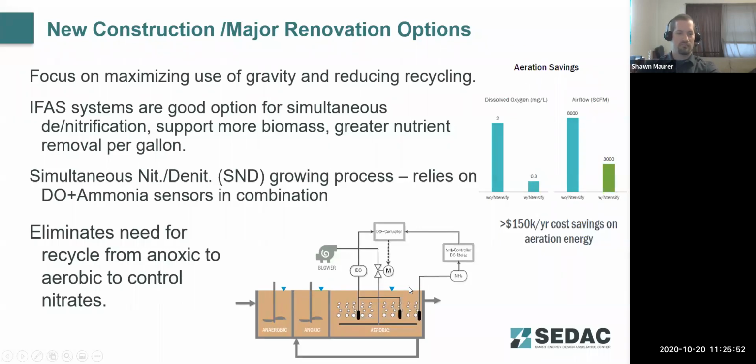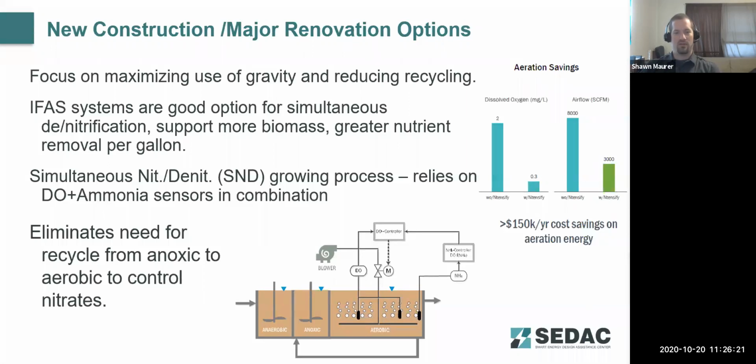Usually you've got recycle from the end of your aerobic system back to the head of your anoxic system because with just DO control, you don't have an exact measurement of the total nitrogen in that system. So there's recycle back through the system to maintain the microbe levels and to maintain a food source at a proper level to prevent disruption to the process.